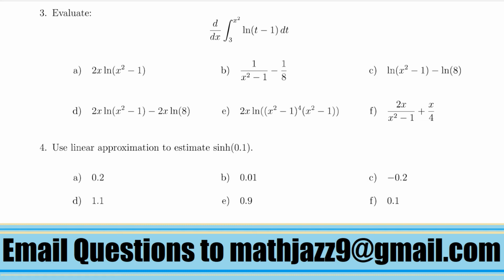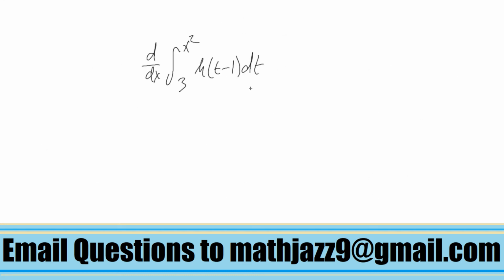Anyway, we have the derivative d dx of the integral from 3 to x squared of natural log of t minus 1 dt. So this is the function that we're taking the derivative of, and it's not so bad.